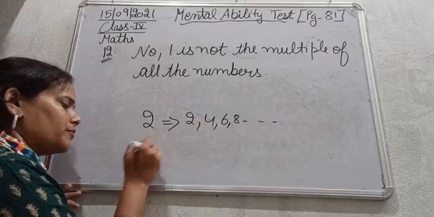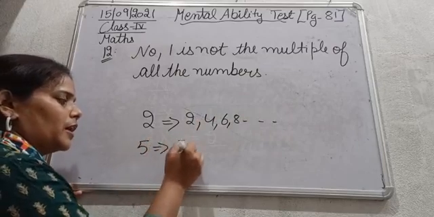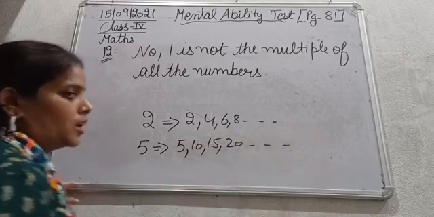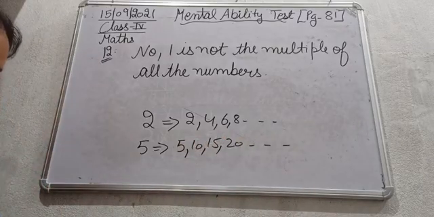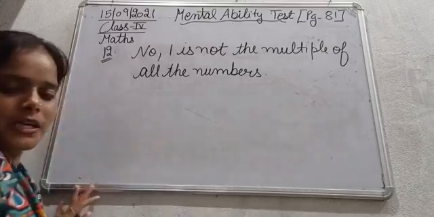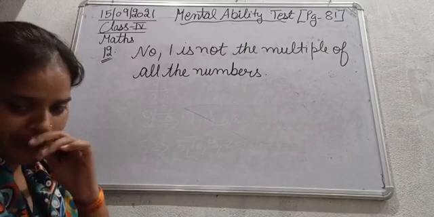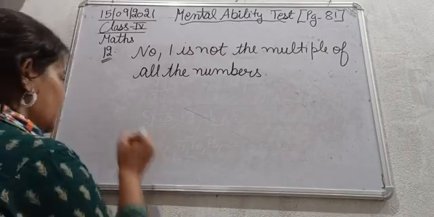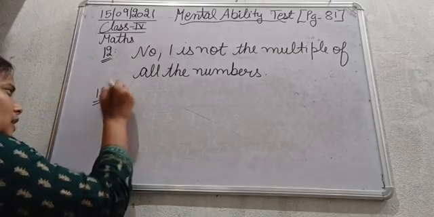Multiples of 5 are 5, 10, 15, 20 and so on. So yes, this is absolutely correct. This is question number 13.